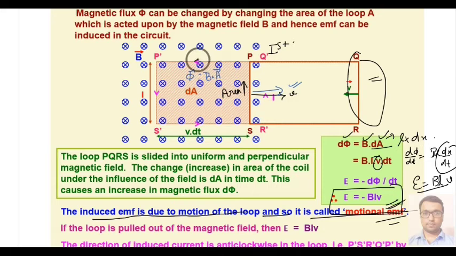So the coil will have anti-clockwise current, so that some magnetic field can be produced out of the plane of the paper to oppose the change. That's why the direction will be shown as anti-clockwise.